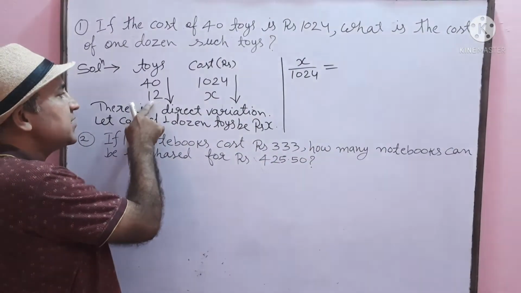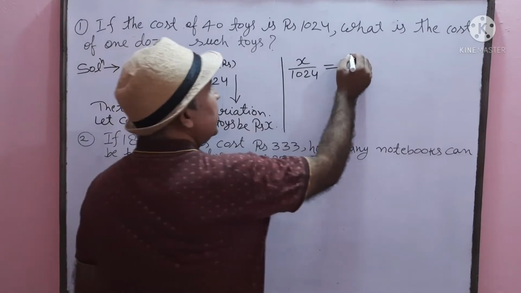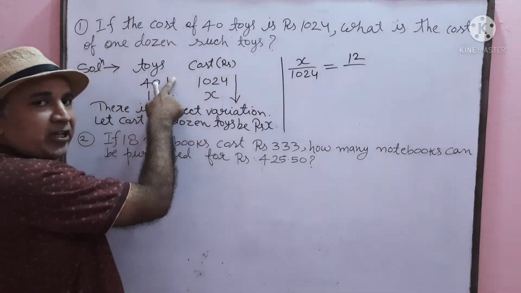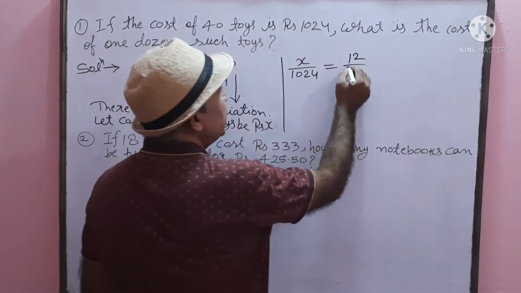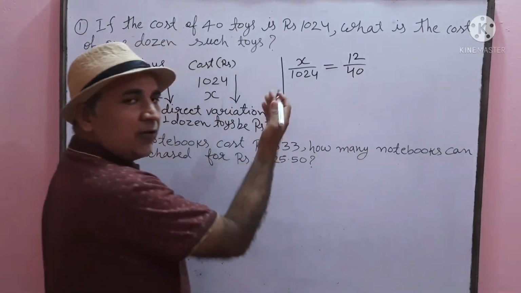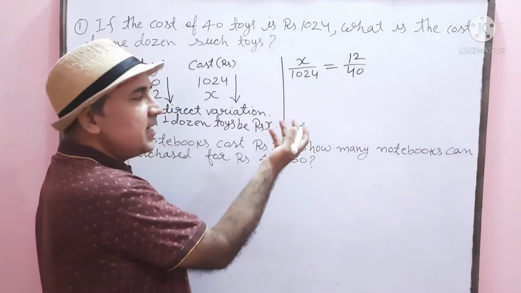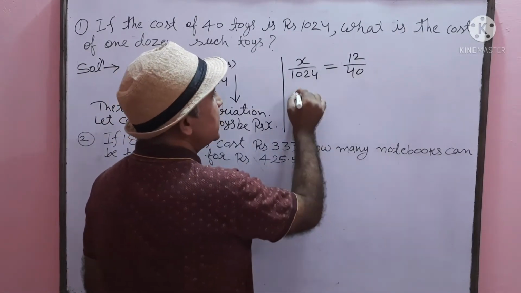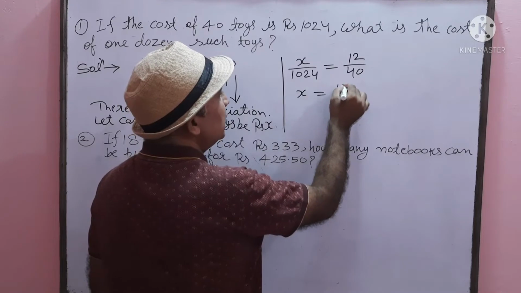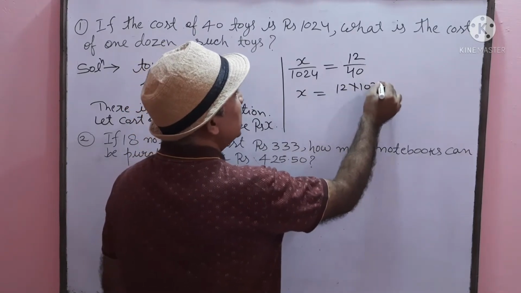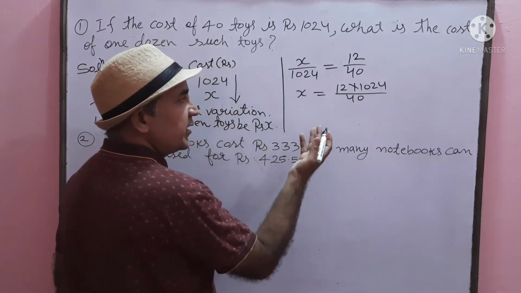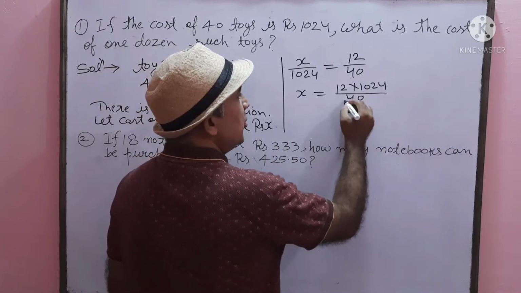The number which is in the direction of the arrow, we will make the numerator. The number which is in the direction of the tail of the arrow, that we will make the denominator. Now after this, you can solve very easily. We will transpose this 1024 to the right hand side, then we will get 12 into 1024 upon 40. Now reduce and get your answer.